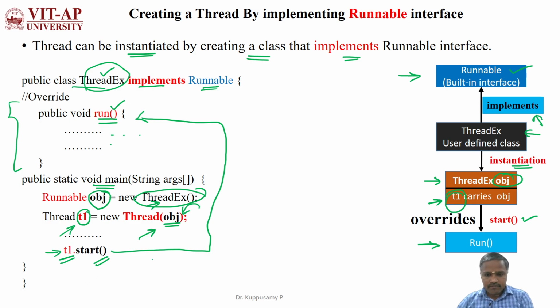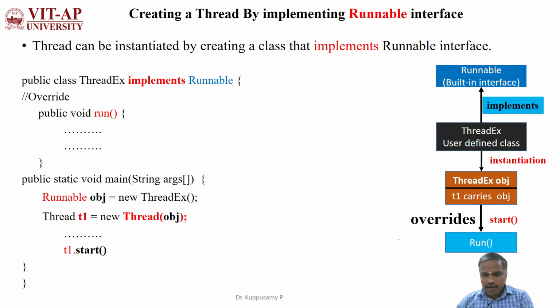When it is called, automatically this run method overrides the run method written inside the built-in Runnable interface. So this action will be performed whenever you invoke the start method by using t1, which has the accessibility of obj. Obj is defined by ThreadEx. ThreadEx has this run method. So everything here is associated with each other.